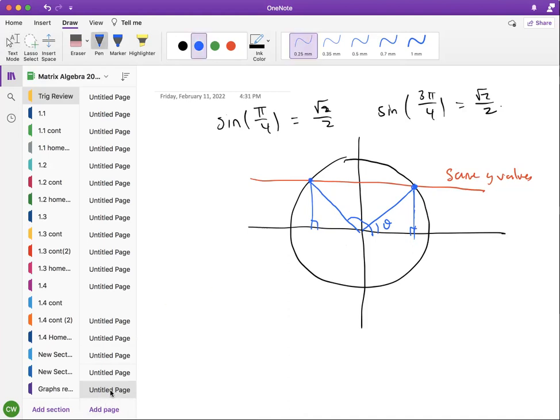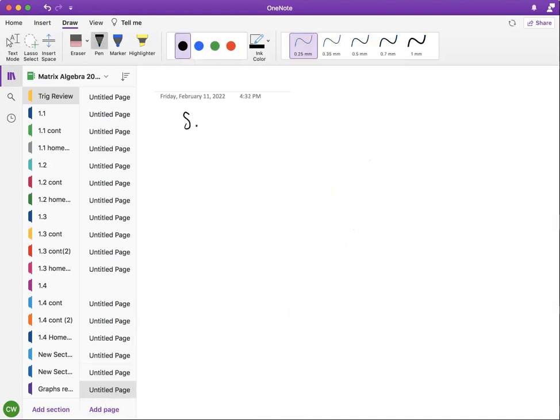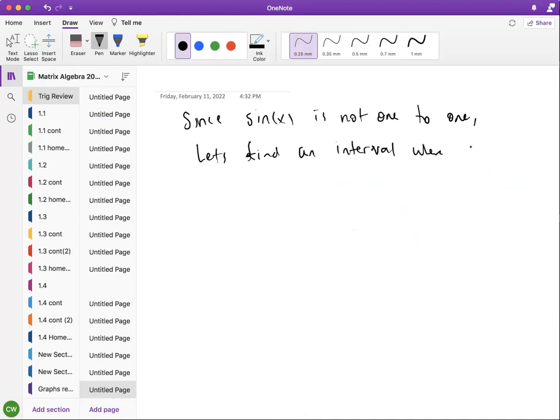So one thing that we can do, since sine is not 1-to-1, is find an interval where sine is 1-to-1 and has all outputs.